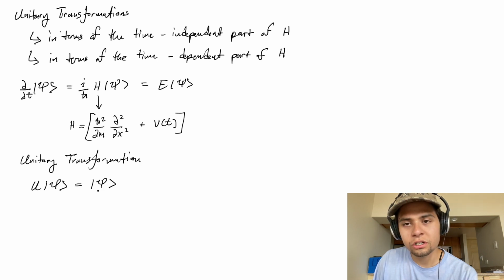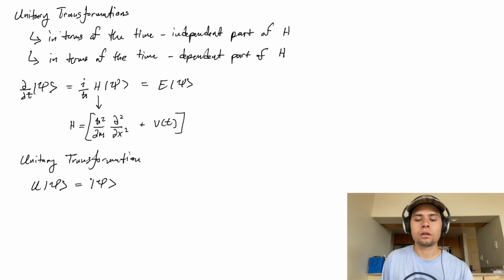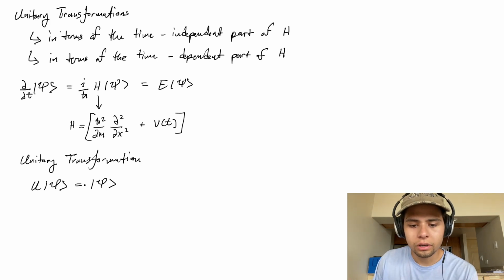It doesn't stretch it, it doesn't rotate it, it doesn't do anything. It's just an operator that has acted on a state to produce the same exact state. So there's no coefficient out here. If there was a coefficient, it's 1.